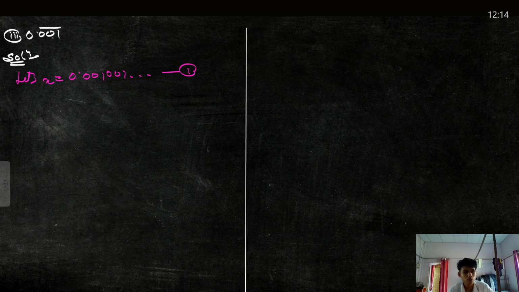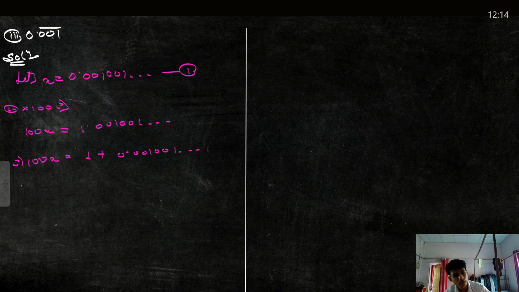Now in this case we'll multiply equation 1 with 1000. That will become 1000x is equal to 1.001001 dot dot dot. That implies 1000x is equal to 1 plus 0.001001 dot dot dot.